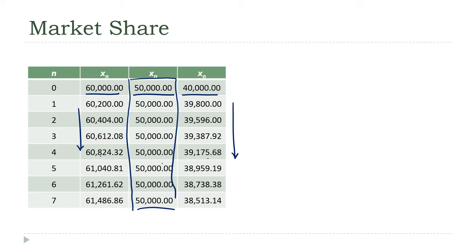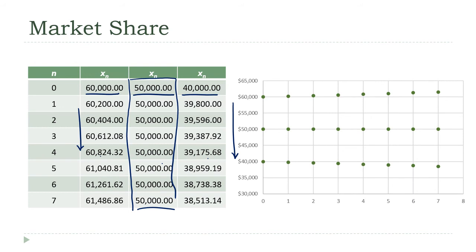And as we so often do, I said, okay, well, let's look at this graphically and see what happens. You can see how the $50,000 investment does give us a constant balance. You can see what the other two are doing as well. The $60,000 investment is increasing, and we expect that to continue.